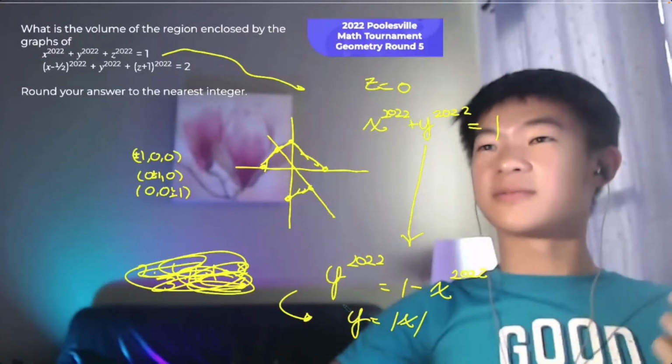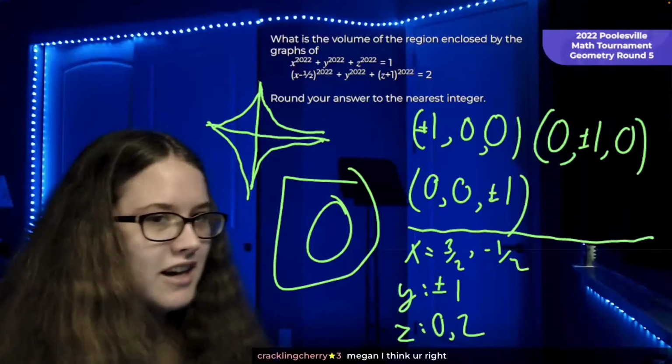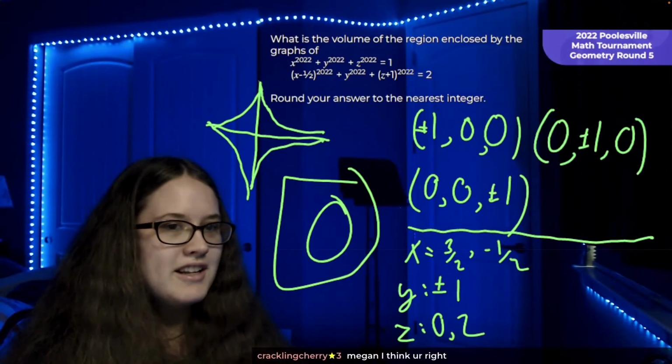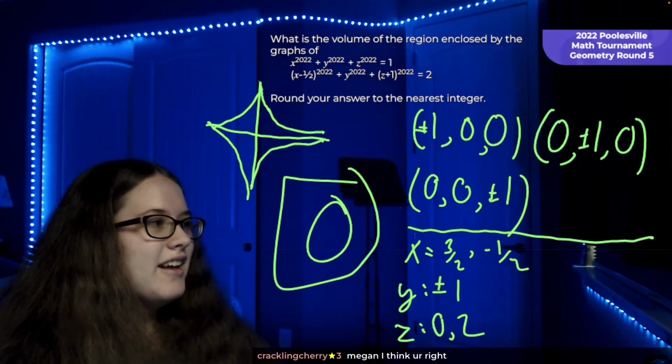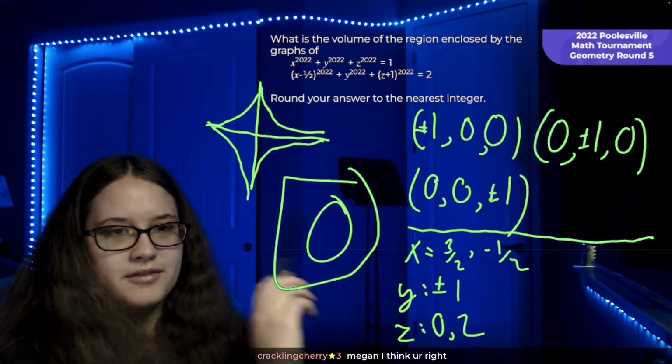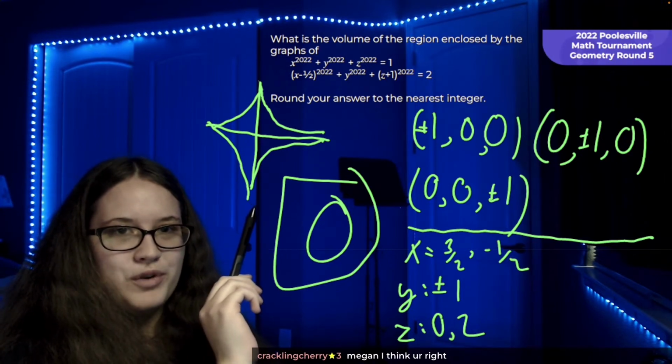That seems like an interesting point. Let me think about this real quick. Yeah, because I think it's gonna look like not even an octahedron. On further investigation, I think the 3D shape looks kind of like this right here, just really pointy.